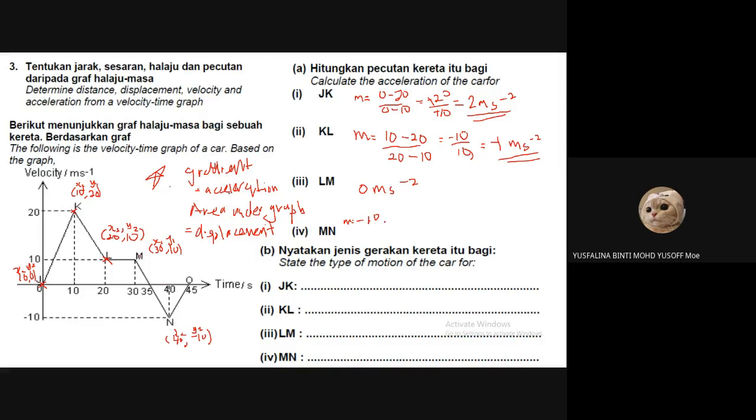So y2 minus y1, negative 10 minus 10, divided by 40 minus 30. So negative 20 divided by 10. So you will get negative 2 ms⁻². Okay, so that's the answer.